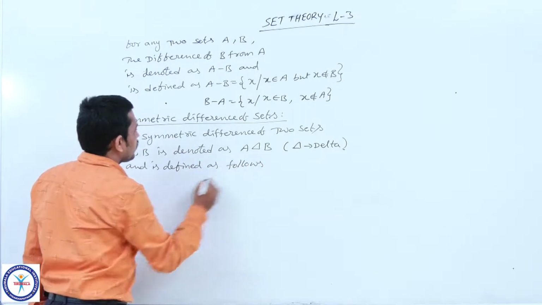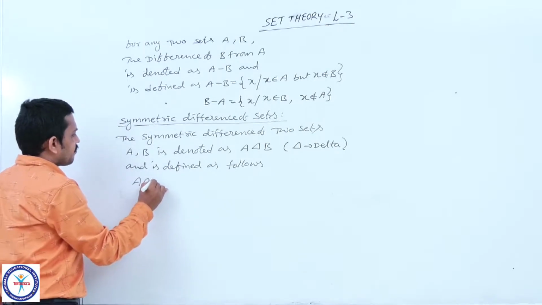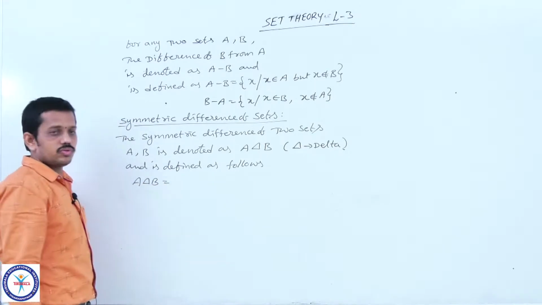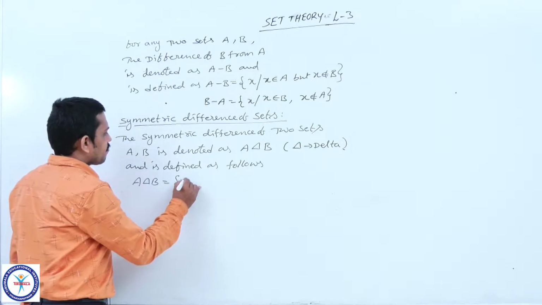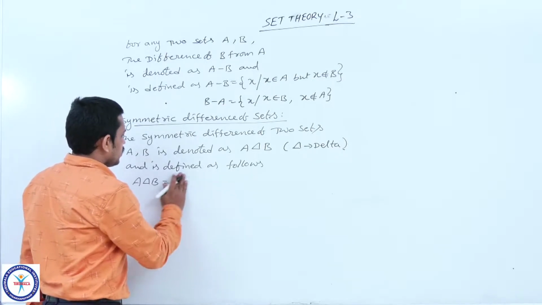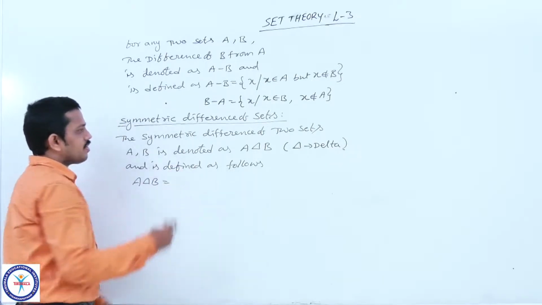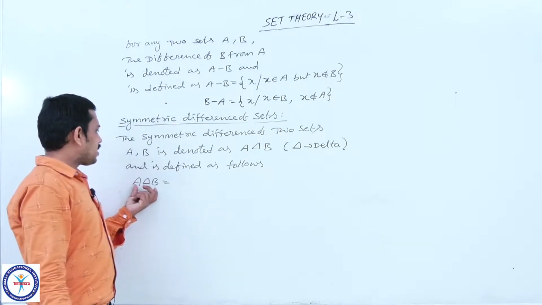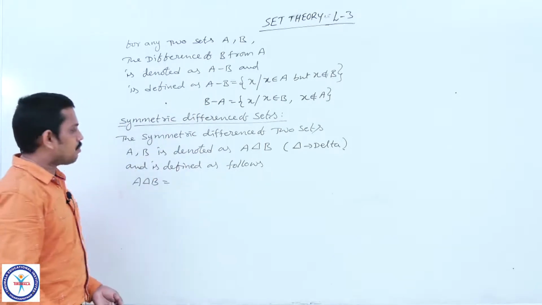We can define the symmetric difference of A and B as the set of all elements such that, first we will write A delta B in sets A and B.